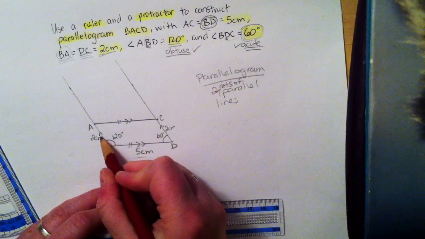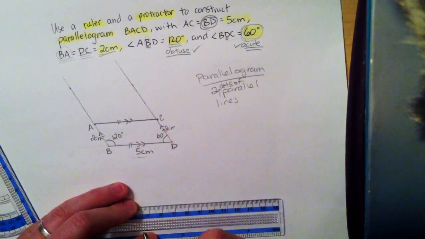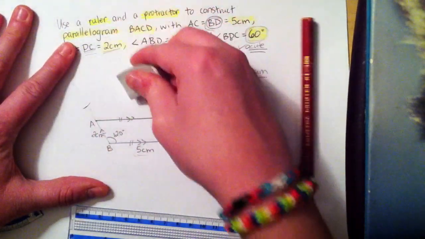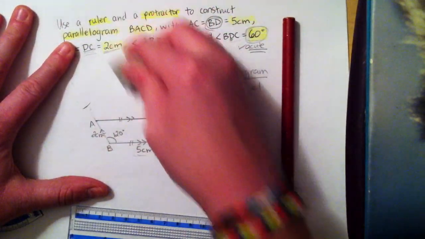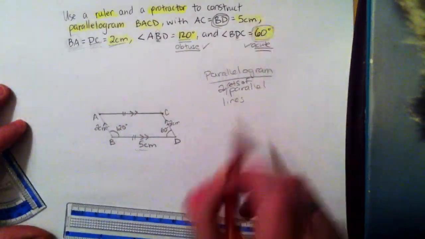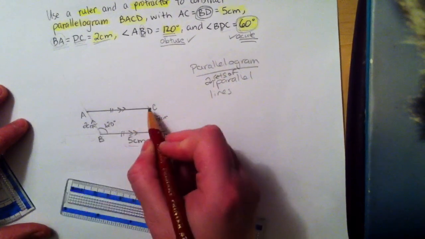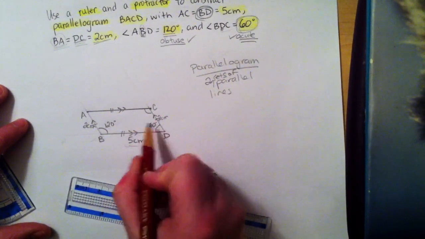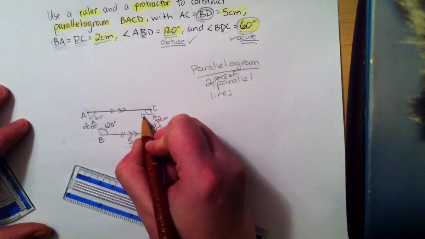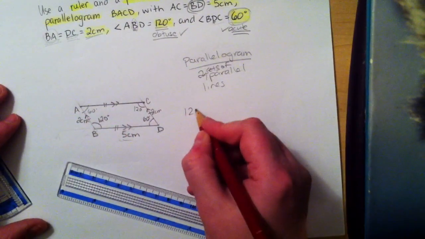We can add hatch marks and arrows to show which two lines are parallel and equal in length, and then we just erase the additional lines that we made from our protractor when we were measuring the angles. And now we can just fill in the other angle amounts, 60 degrees and 120 degrees.